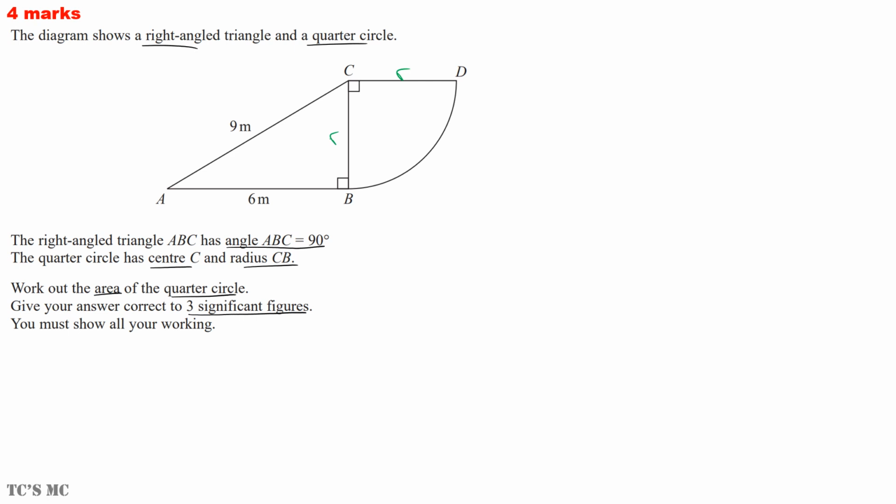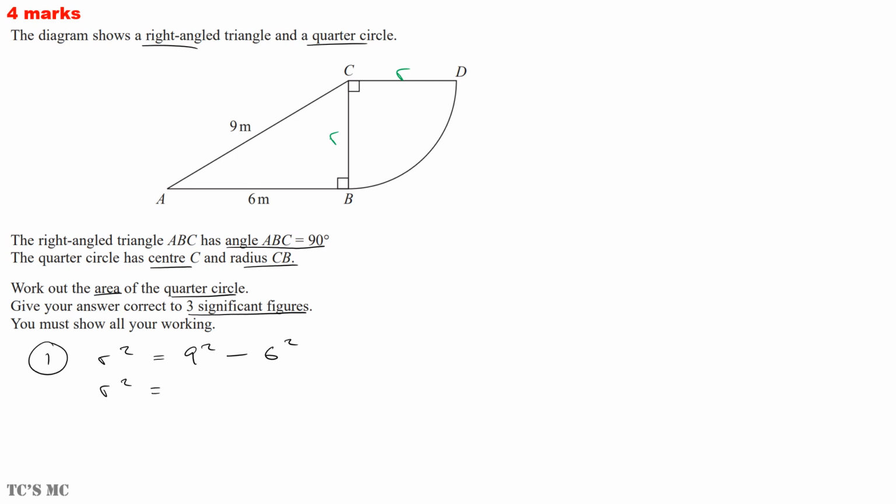That means we can apply Pythagoras. We are working out a shorter length, so we will say r squared is equal to 9 squared subtract 6 squared. Remember, when you work out the shorter length, it's always subtraction. Now we have 1 mark.